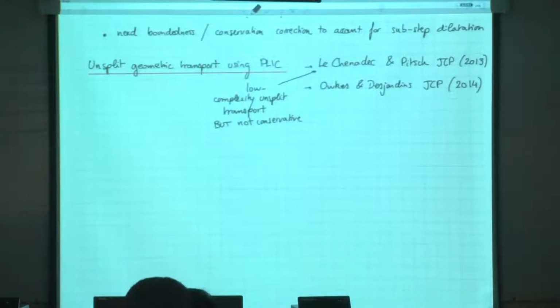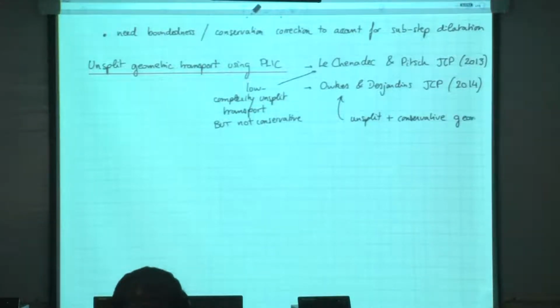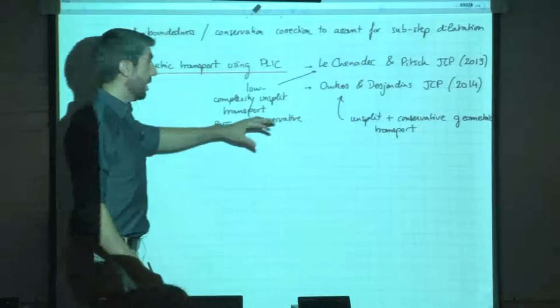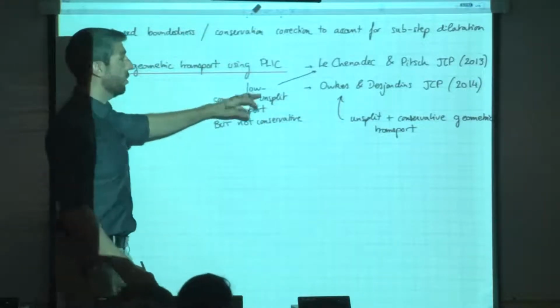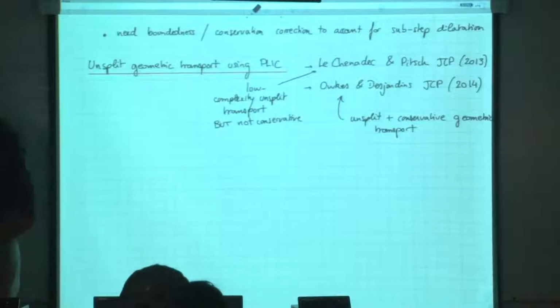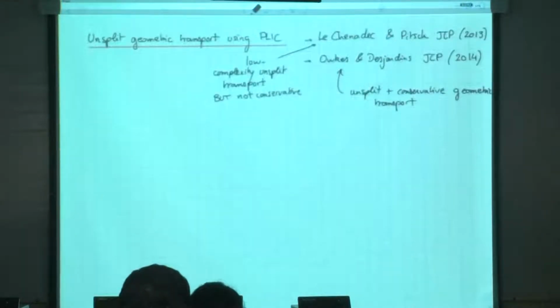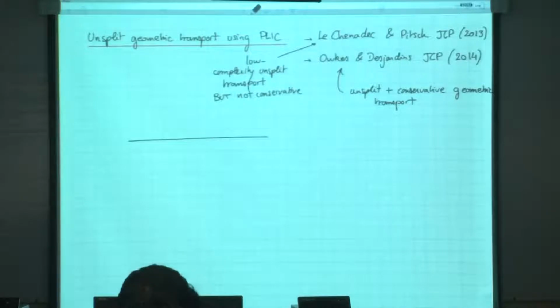This is unfortunate. That paper is conservative, so this is a higher complexity. This is still an unsplit plus conservative geometric transport. But because the complexity of this is a bit higher, we're going to leave this behind. I'll let you read that if you're interested, and we're going to look at this concept here. So we're going to embrace fully the semi-Lagrangian nature of our problem.